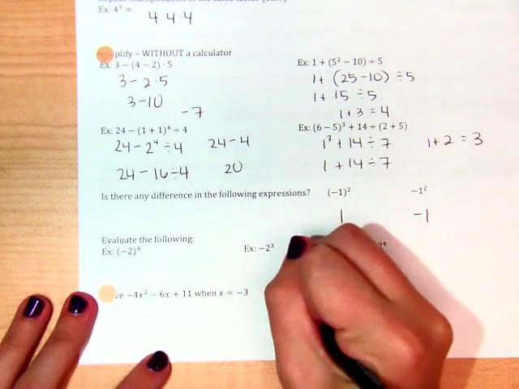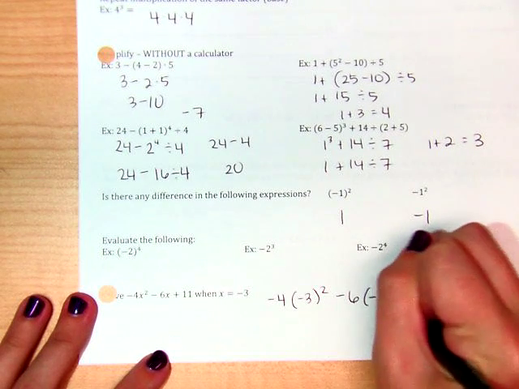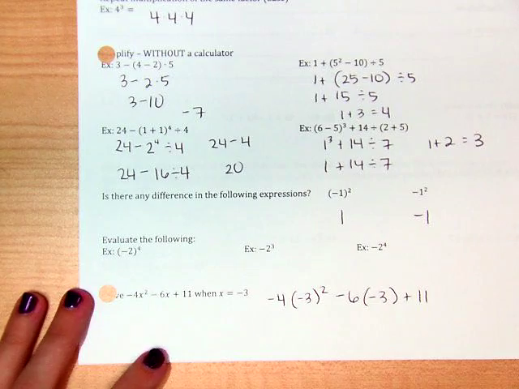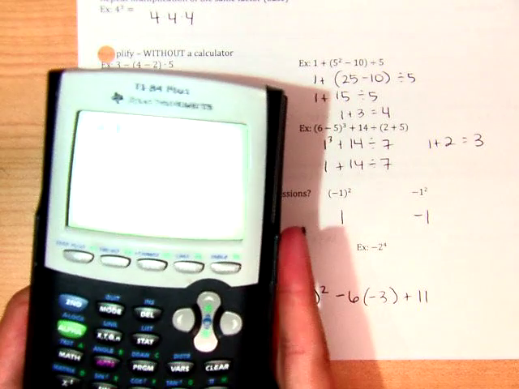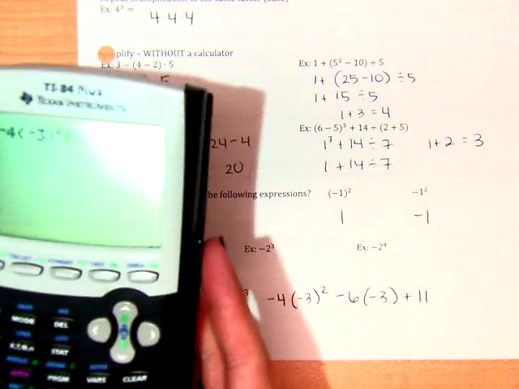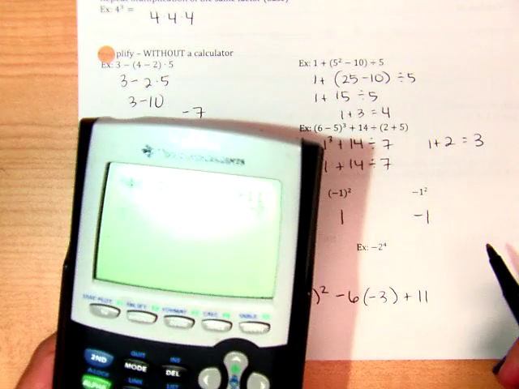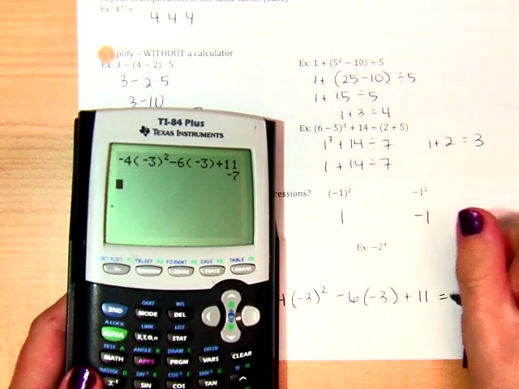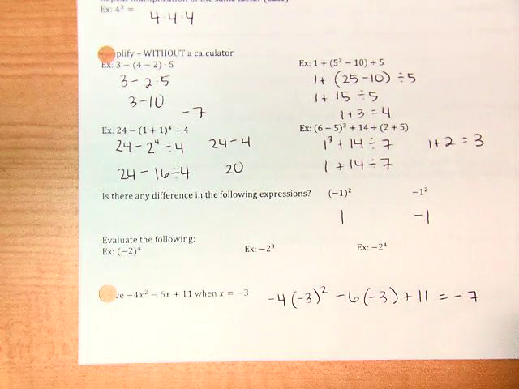So I'm going to say negative 4 times negative 3 squared minus 6 times negative 3 plus 11. Now when you plug this into your calculator, as long as you got all the nice parentheses in there, you should get the right answer of negative 7.